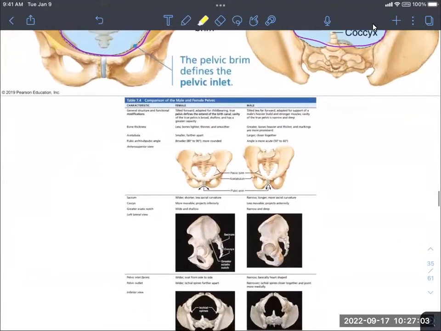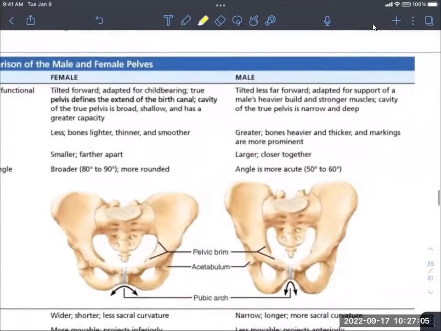So let's look at the difference between a male and a female pelvis here. A female pelvis, we talked about that pelvic arch or pubic arch in a female. Look at how wide that pubic arch is versus a male. It is very narrow. That is the fastest, easiest way to tell if it's a male versus a female pelvis.